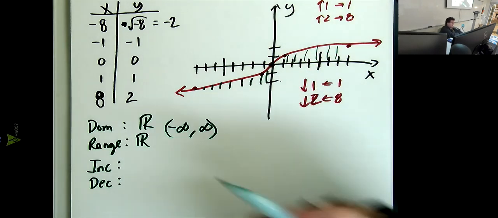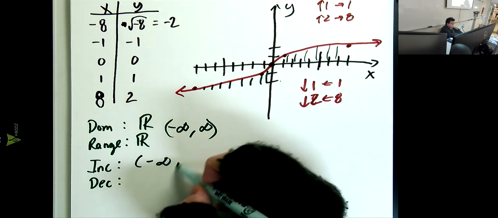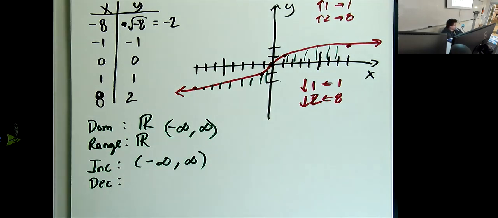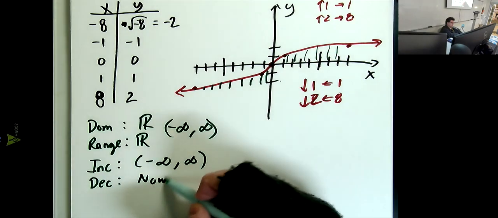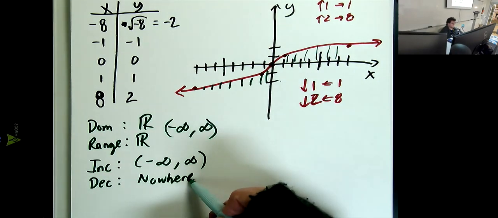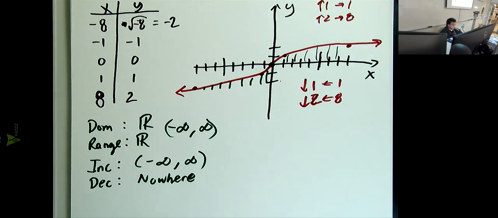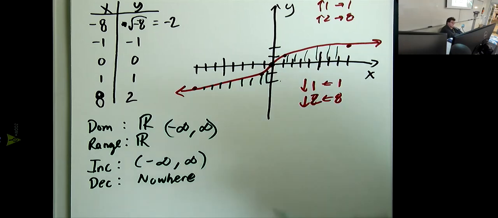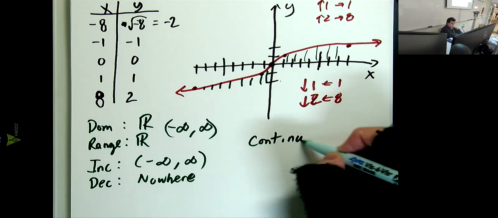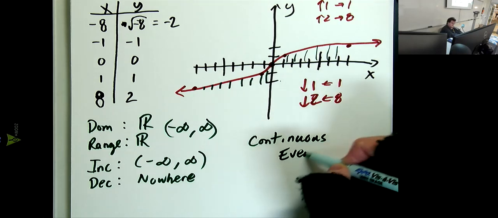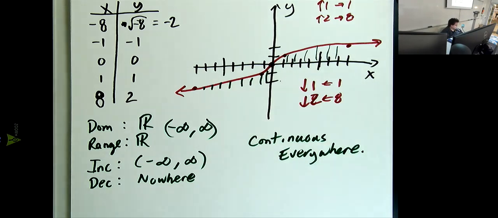So it's actually increasing everywhere. The tricky one, I agree. Which means if it's increasing everywhere, it's decreasing nowhere. Continuous everywhere though. Most of the things we're doing right now are continuous everywhere.